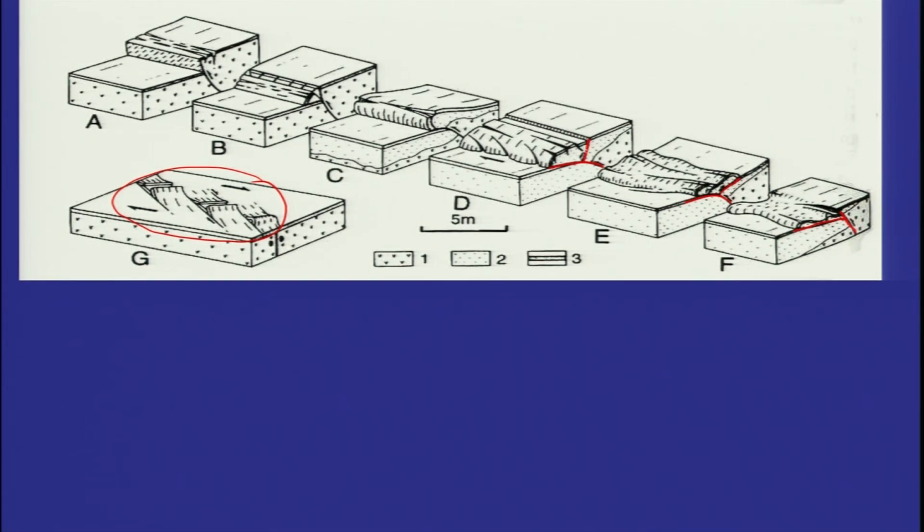Back thrust we usually talk about when the dip of the fault is opposite or not in the same direction, where the main fault dips in this direction and the dip of the back thrust is in exactly the opposite direction.